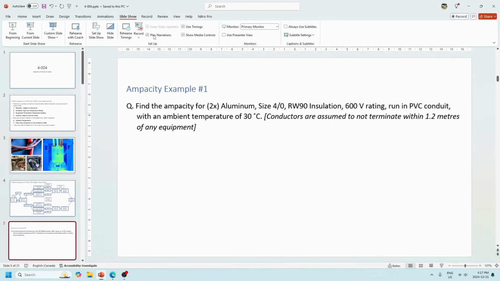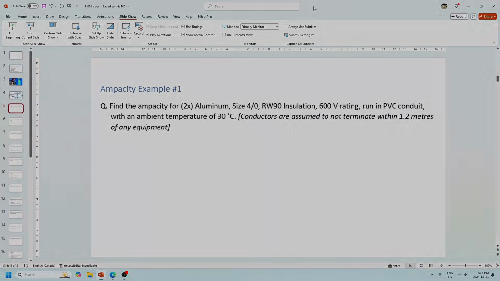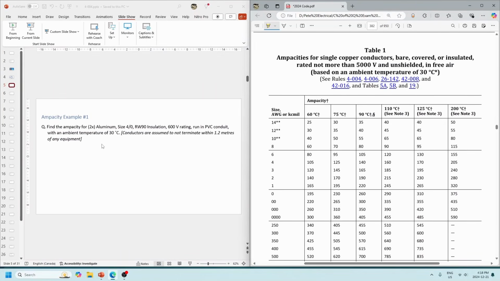Okay, so let's take a look at a number of examples here, guys. Let me do a split screen so we can have this on the side and the code as well. Okay, perfect. The first question is: find the ampacity for 2 aluminum size 4-aught RW90 insulation, 600 volt rating, run in PVC conduit with an ambient temperature of 30 degrees.